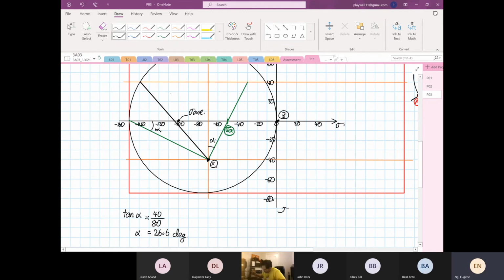Okay. So this point will be known as our y2. So when it's the case, you can construct the other Mohr circle. So the other Mohr circle is at 50.